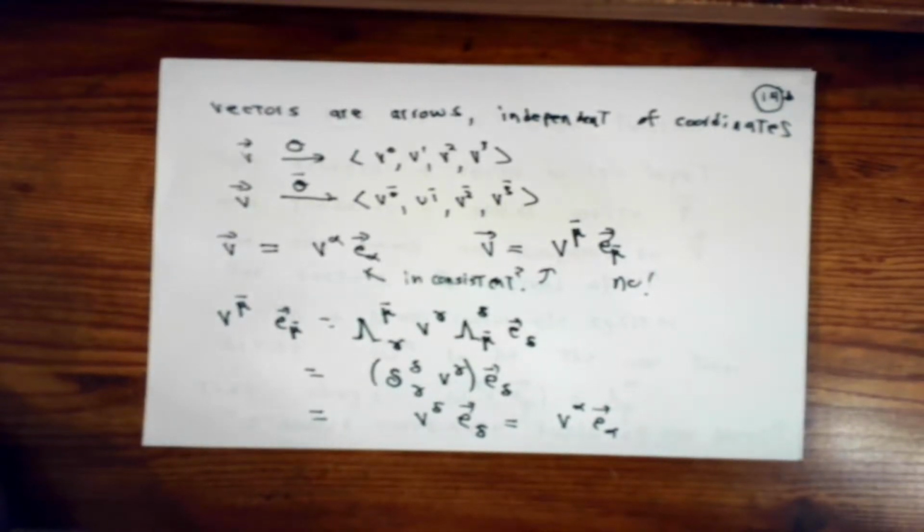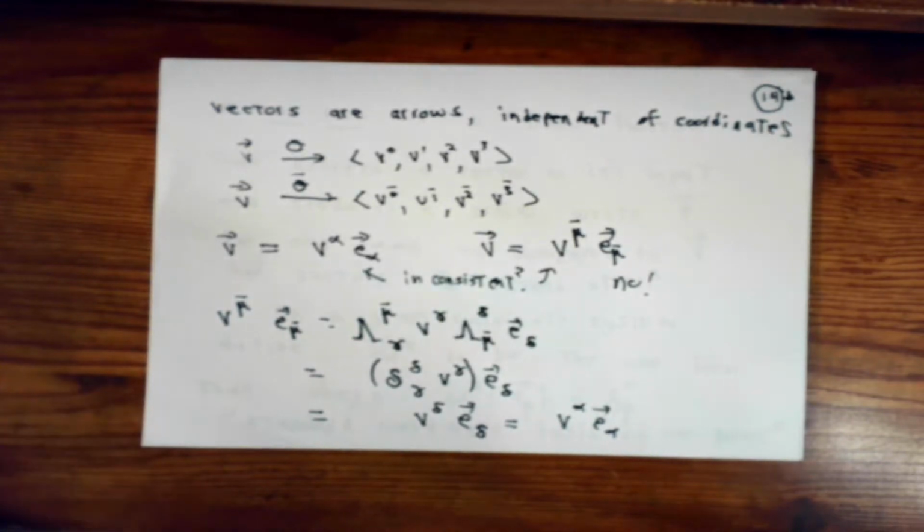As we said many times in the first semester, though, a vector is an arrow. It exists in 2 or 3-dimensional space. It exists in 4-dimensional space-time, but it is an arrow. You don't really need any coordinates, except for the fact that coordinates are very convenient to calculate with.